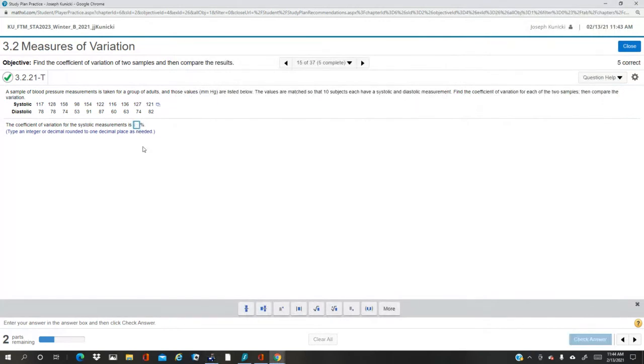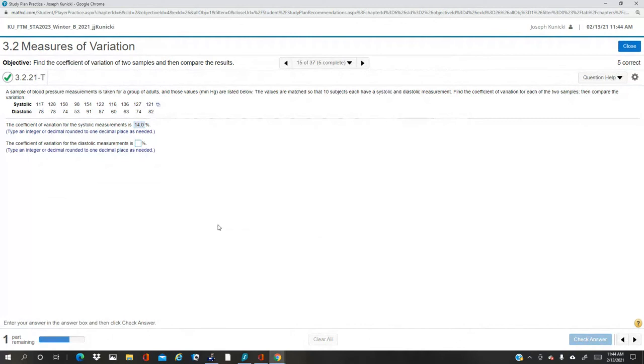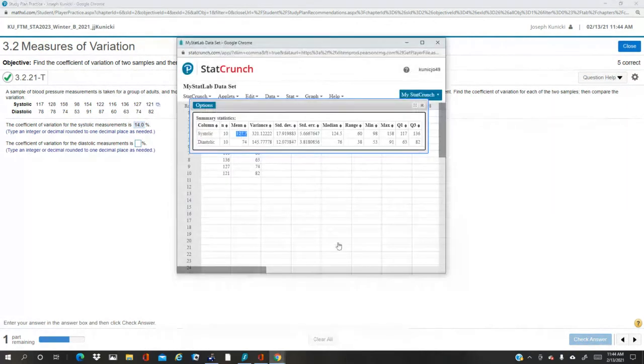Oop, not a Q, 14.0. Check answer. Okay, now they're going to ask us to do the same thing for the diastolic. So I just open up my printout again.